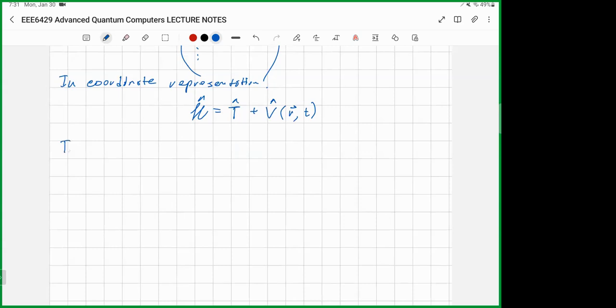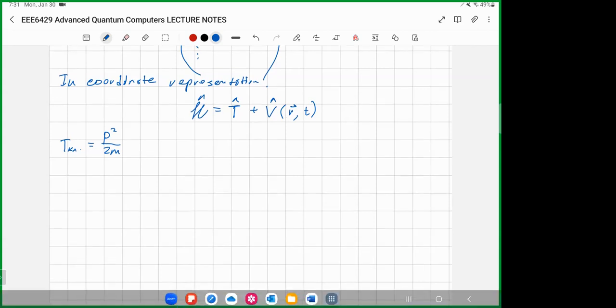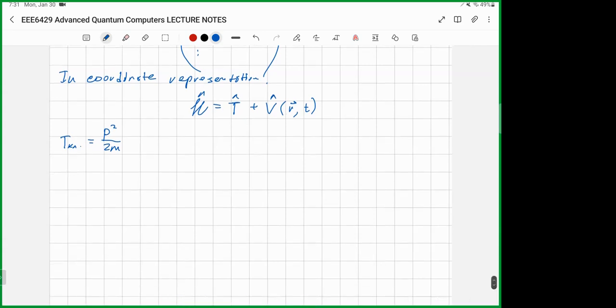So for classical kinetic energy, there is a formula for it. It is momentum squared over 2m, right? And this potential energy can be different for different systems, for different types of interactions.